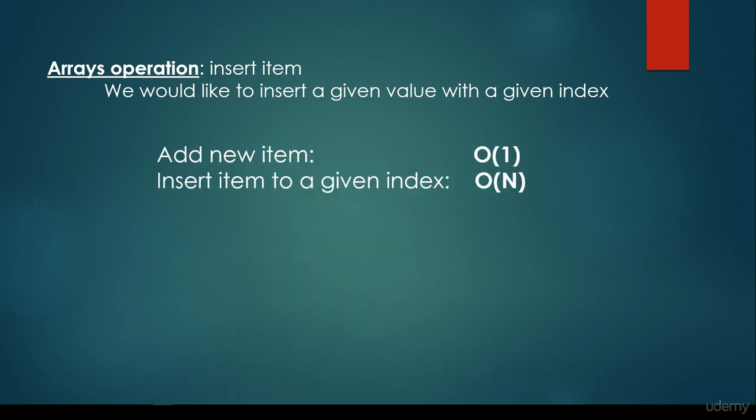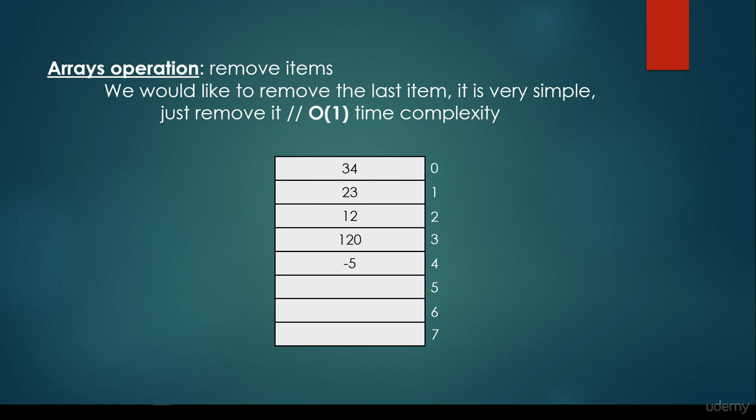So we come to the conclusion that as far as the insert operation is concerned, adding a new item at the end of the list takes constant time complexity, a very fast operation. If we insert items at a given index, it's going to have linear time complexity, because for most of the times we have to shift the items in order to be able to make space for the value we would like to insert. Then what about the remove operation?